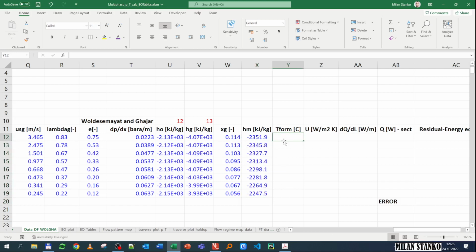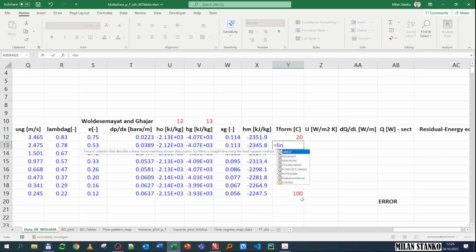The temperature of the formation, we have 100 at the bottom hole, and then we will assume we have 20 at the surface. We are maybe in a tropical country, so we have 20 degrees, and then we simply do an interpolation between these two conditions.